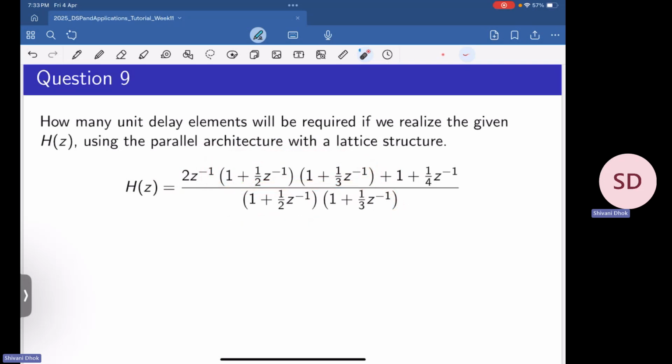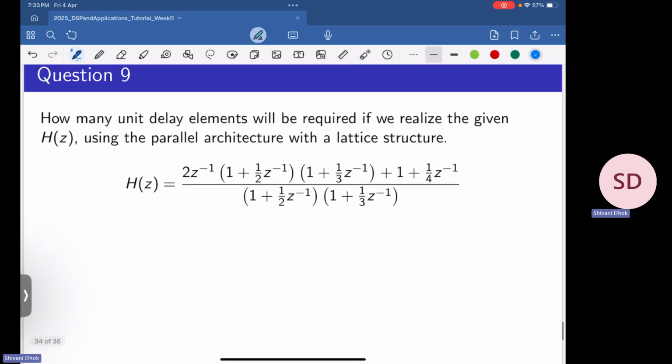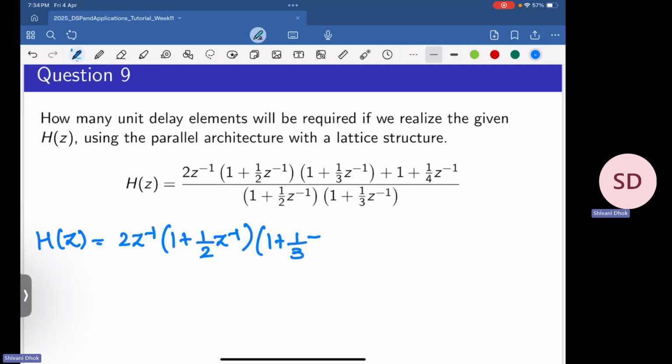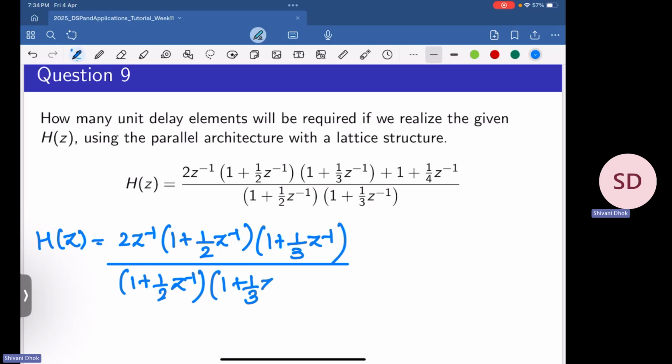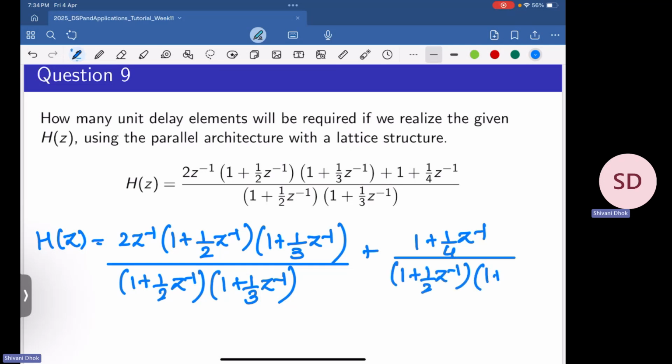Now I can split this h of z into two summations. We have h of z as 2z inverse into 1 plus 1 by 2z inverse into 1 plus 1 by 3z inverse, whole divided by 1 plus 1 by 2z inverse into 1 plus 1 by 3z inverse, plus 1 plus 1 by 4z inverse divided by 1 plus 1 by 2z inverse into 1 plus 1 by 3z inverse.